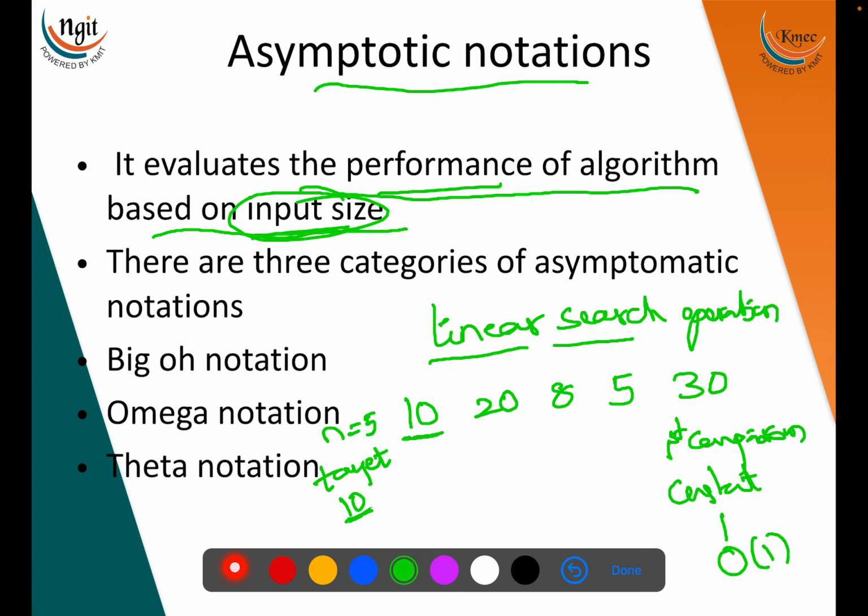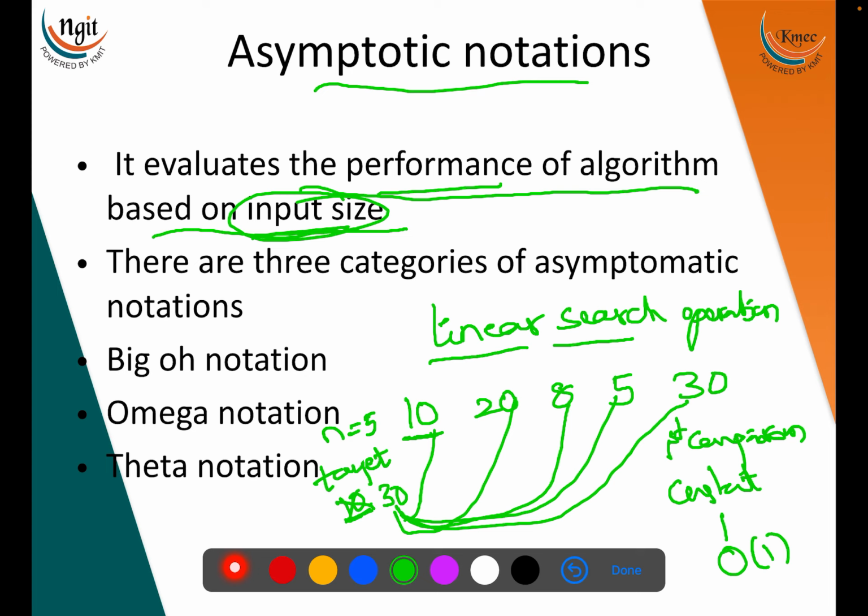Constant time comparison. If I change this input, assume I am changing the input to 30, then as the input has changed, the comparisons will also differ. 30 has to be compared with 10, 30 has to be compared with 20, match not found, match not found, match not found and match found.